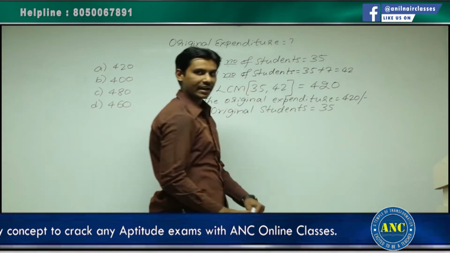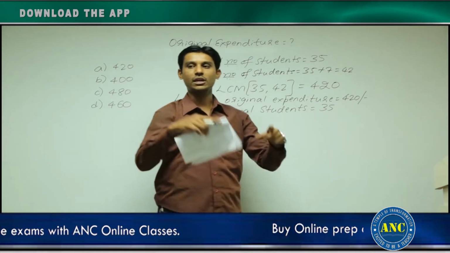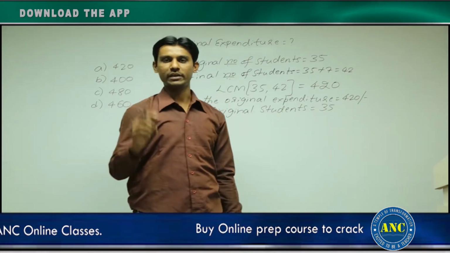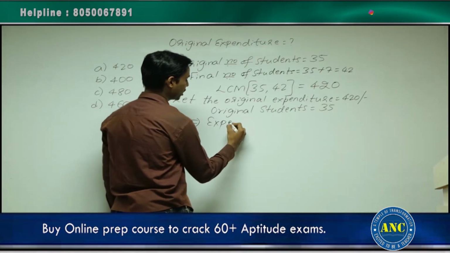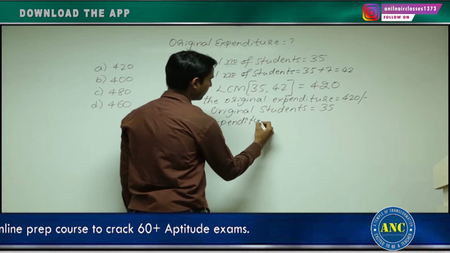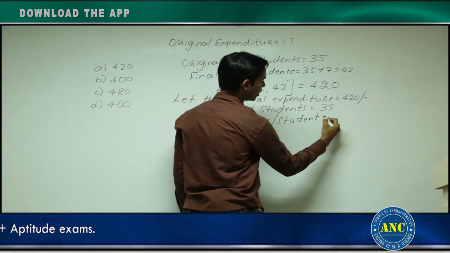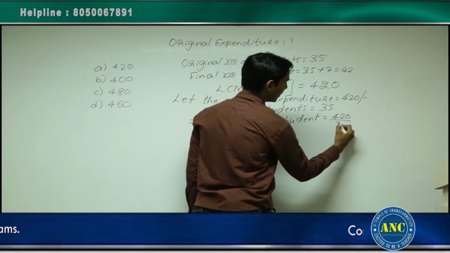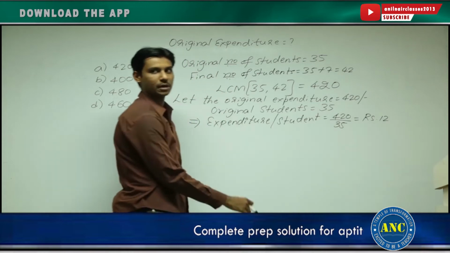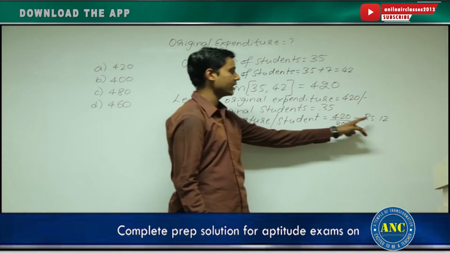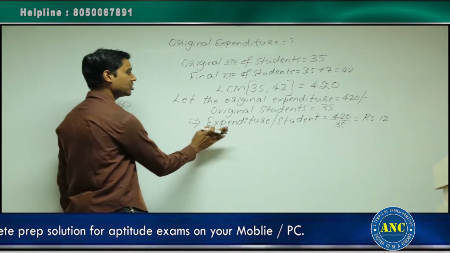That means there are 35 students in a hostel and the total amount paid by all the 35 students is 420 rupees. Every student, how much did he pay? 420 divided by 35. Every person paid 12 rupees. 35 into 12 is nothing but 420, right? This is the initial scenario.